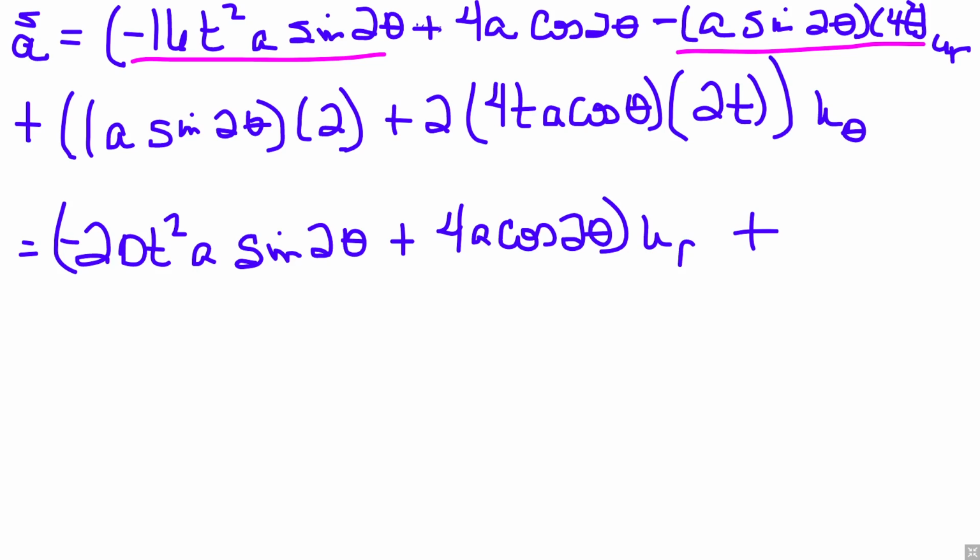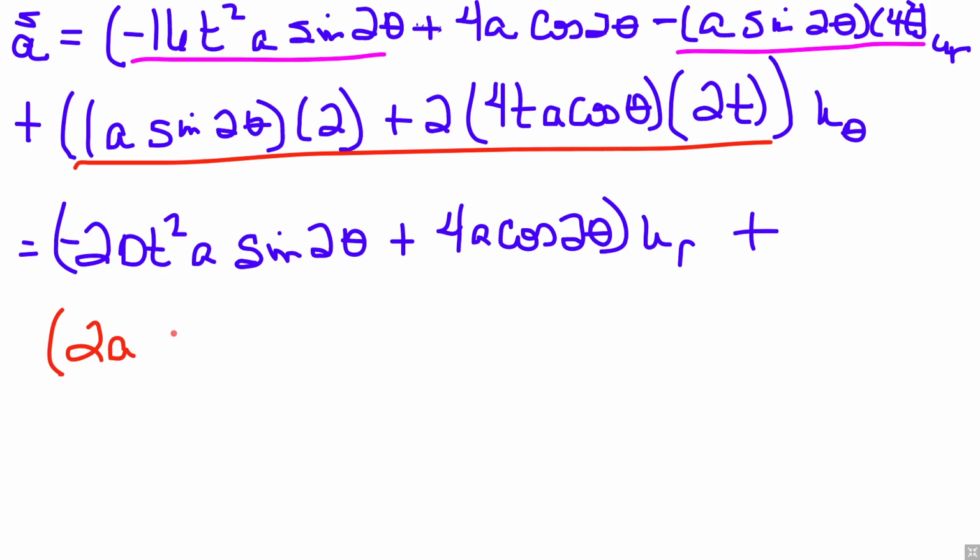If we look at the second piece, are we going to be able to combine anything? No, we can't combine, but we can put things together to make it look a little bit cleaner. In the second piece, we're going to have 2a sine of 2 theta plus 16 t squared a cosine of 2 theta.